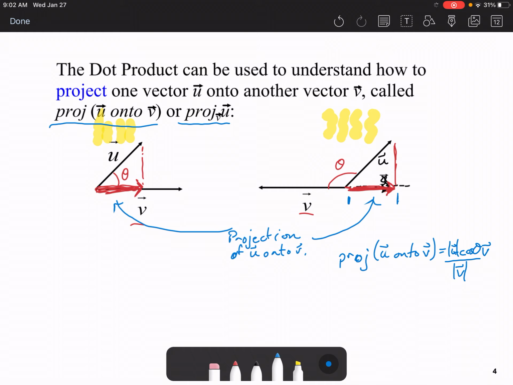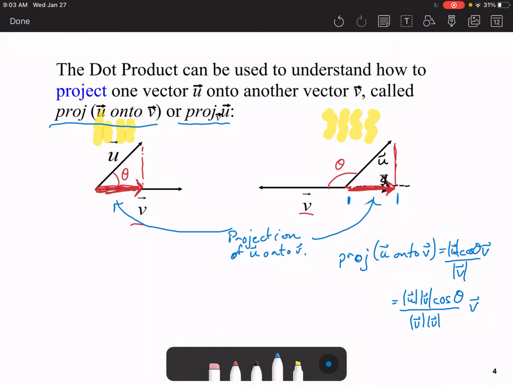So this is one possible formula that you can use. Some people prefer to multiply the top by the magnitude of u times the magnitude of v cos theta, and therefore multiply the bottom also by the magnitude of v.